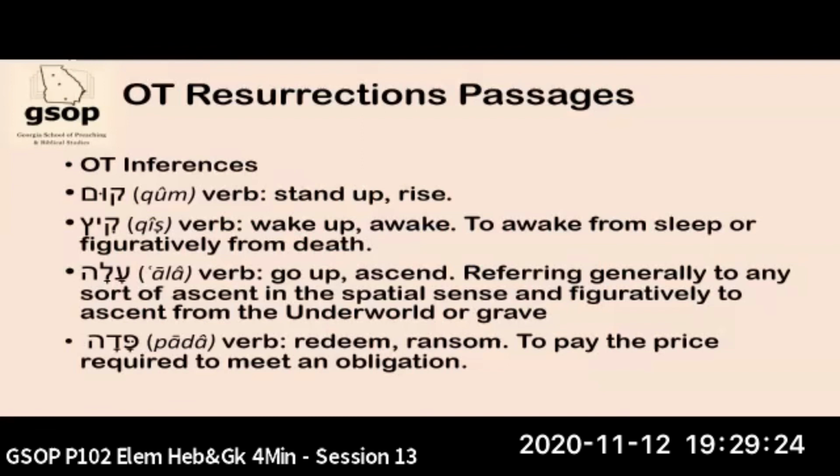The third usage here is alah, the verb to go up or to ascend, generally referring to ascent in a spatial sphere, and figuratively to ascend from the underworld or the grave, from Sheol.